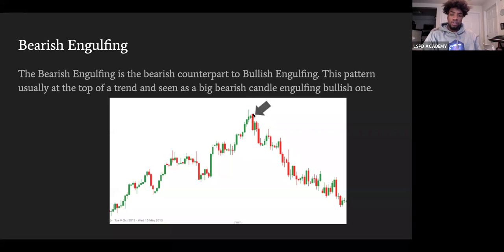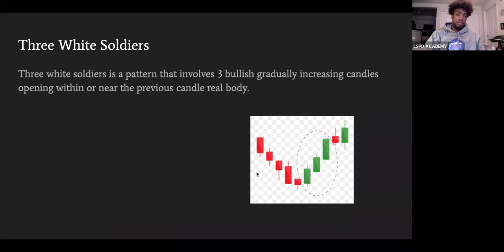Oftentimes you'll see price still open up at the high, so they'll often have an equal level there, but you'll see price either have a wick to the upside and this strong impact of completely engulfing this entire candle, right? Same with here, we see this candle was completely engulfed. So that's going to be our bearish engulfing. And seeing these, you can see price tends to keep rolling over, boom, keep rolling over, boom, keep rolling over, right?